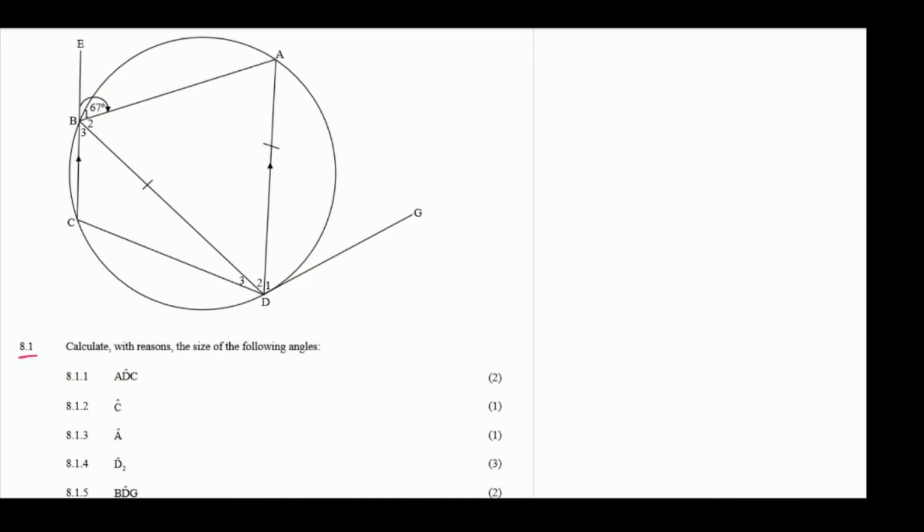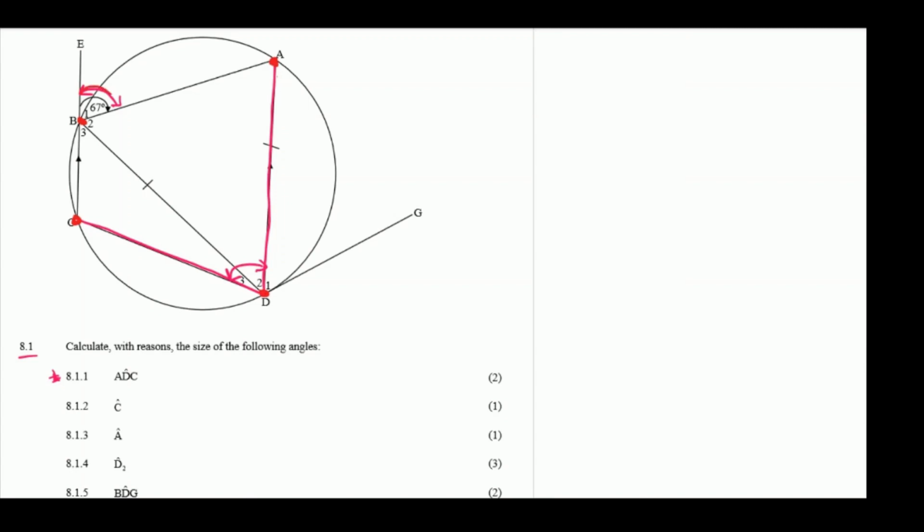For 8.1.1, we are asked to find the angle ADC. So we want to find this angle here. This angle here is equal to this angle here, right? Why? Because if you take a look, this point here and this point here together with this point and this point form a cyclic quad.